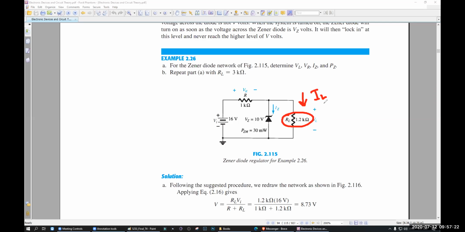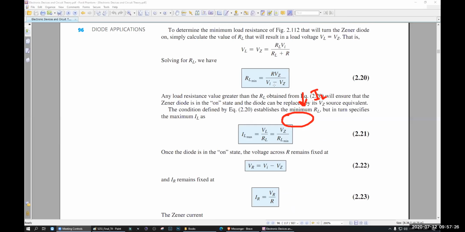If this is maximum, this is minimum, right? So IL maximum is equal to VL divided by RL, so VZ divided by RL minimum. Because VL and VZ are the same when the Zener diode is on, and RL minimum we already found out. So that is the IL maximum.